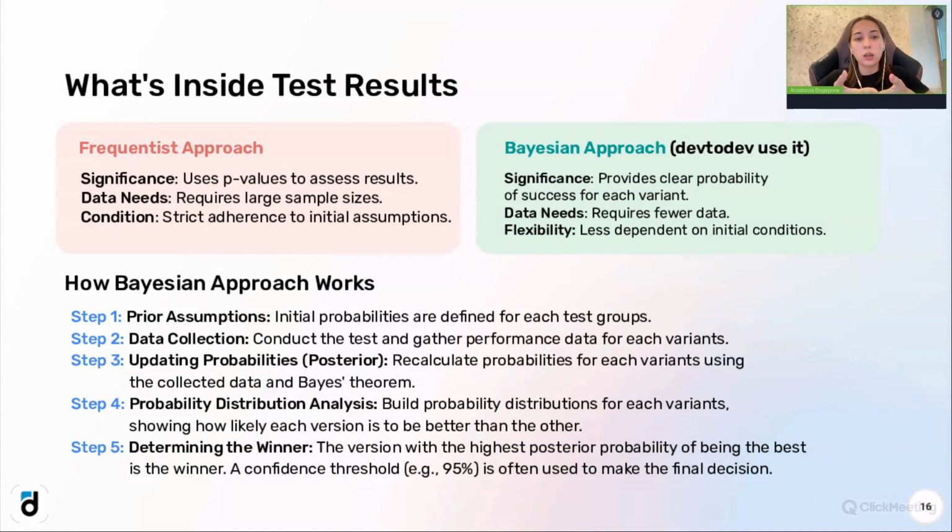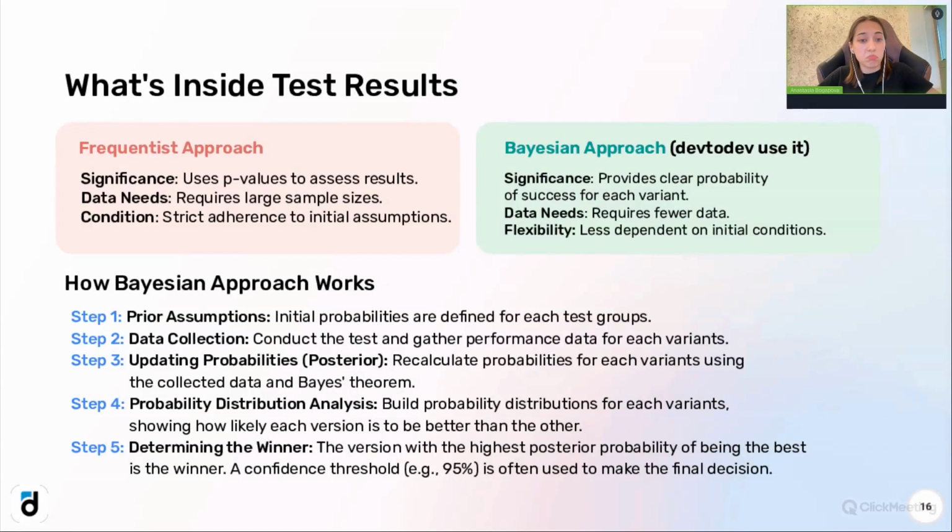This can be particularly useful when you are working with limited data, but if you have strong prior beliefs about expected outcomes, the quality of these results is kind of lower compared to the frequentist approach.